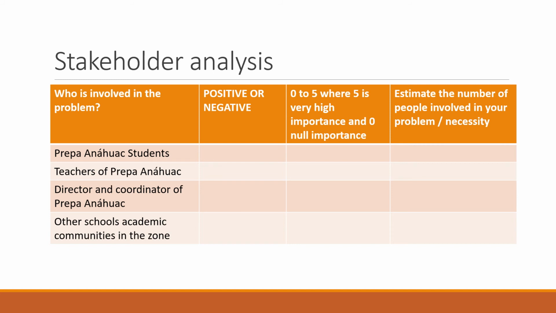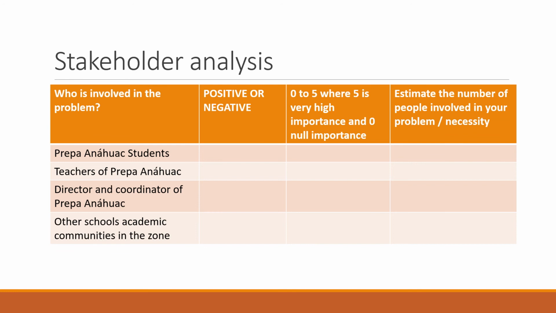Or maybe they would not be all the Prepanagua students, but a specific grade of the students or a specific kind of student. So you will have to be very specific about that.